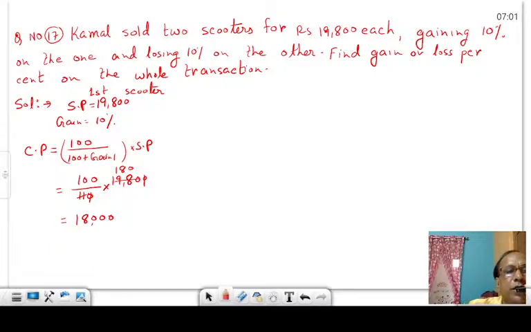Therefore, we find the cost price of 2 scooters, right?